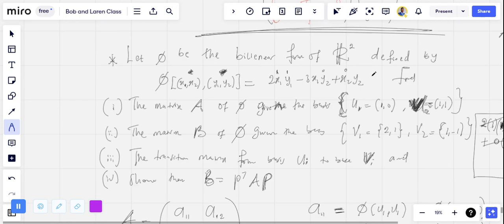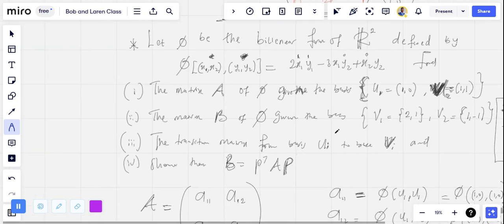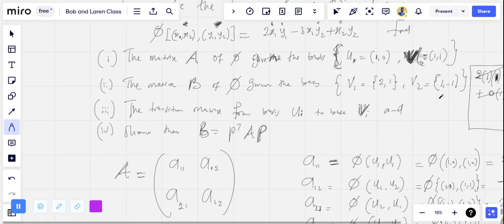Let's check the basis given to us for U. U is given to us as 1, 0, 1, 1, right? I have 2, 1, I have 1 minus 1, I have 2, 1 here, I have 2 minus 1, and then I have 1, 1. Relating this, first and last, first and last, right?